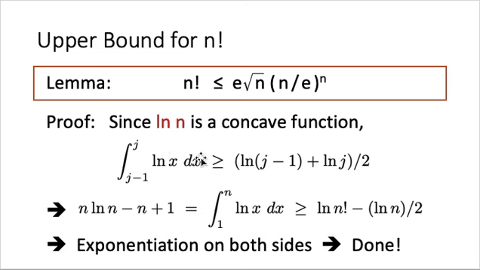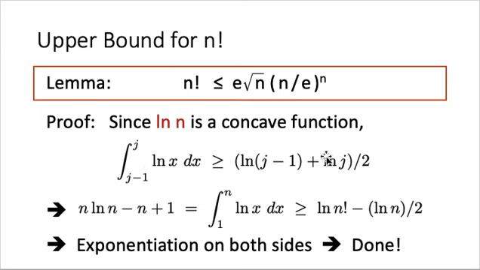greater than or equal to 1, then we will see that the area under the curve, since this is concave, will be greater than or equal to log(j minus 1) plus log j, divided by 2. This is actually the trapezium defined under the curve here.